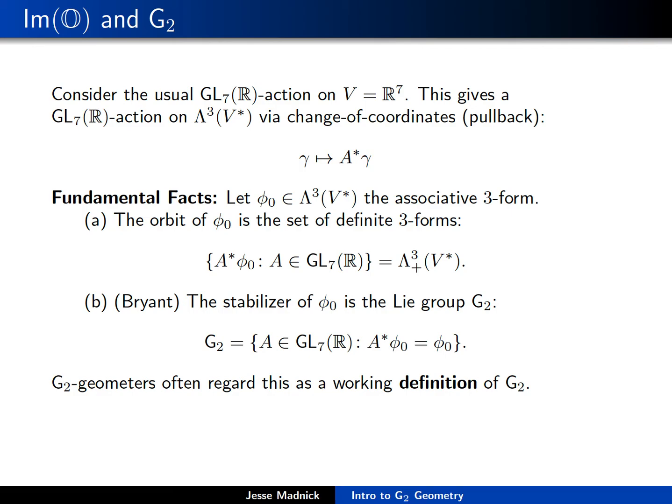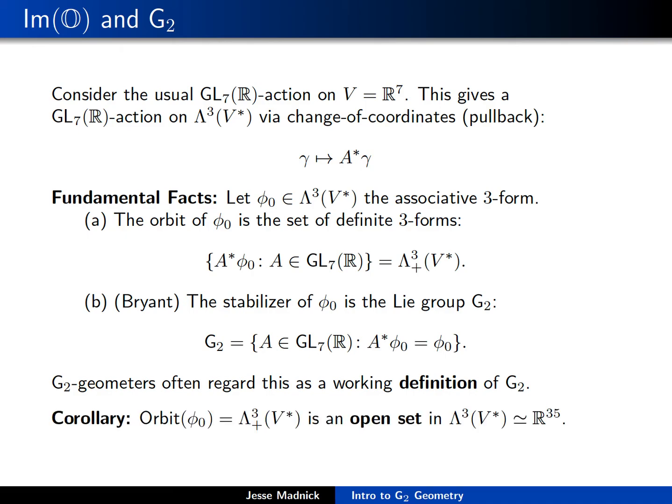But here, just preserving phi 0 is enough to get the structure. G2 geometers usually regard this equality, an observation often known as Bryant's theorem, although I think Robert Bryant would probably say this was known earlier, as the working definition of the Lie group G2. This is very fundamental to the subject.